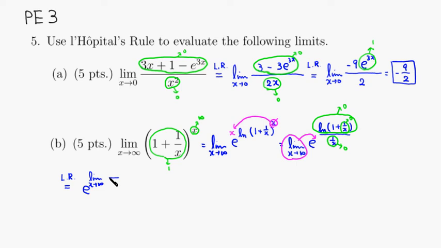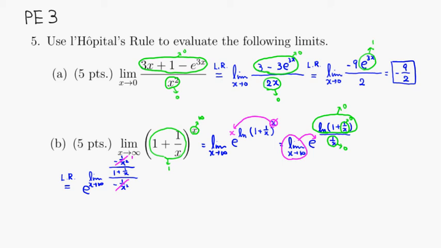The derivative of 1 over x is negative 1 over x squared. And the derivative of the natural log of 1 plus 1 over x would be 1 plus 1 over x on the bottom, and the derivative of that, negative 1 over x squared, on top. Then we can cancel the negative 1 over x squared here and the negative 1 over x squared there, so you just have 1 left.